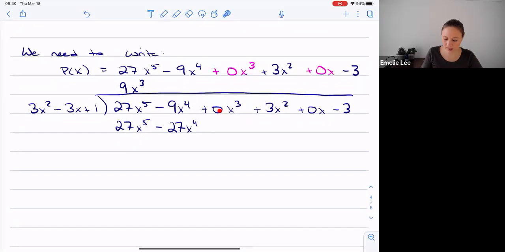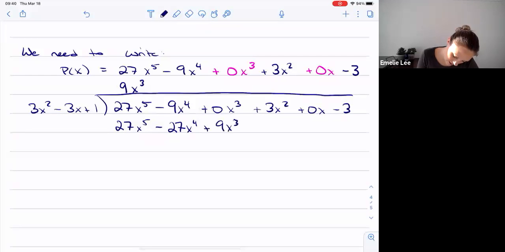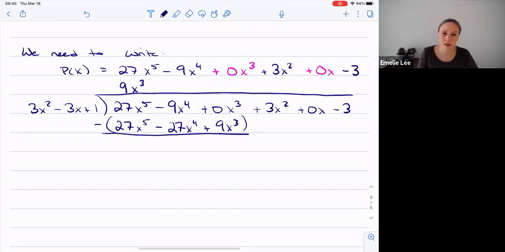And that's why we need this x to the 3 here, because otherwise you would be subtracting x to the 3 from x to the 2, and that's where things go terribly wrong. So we have 9x to the 3 times 1, so plus 9x to the 3. So even though it's a little bit longer, we still just put our answer down there and then subtract it.